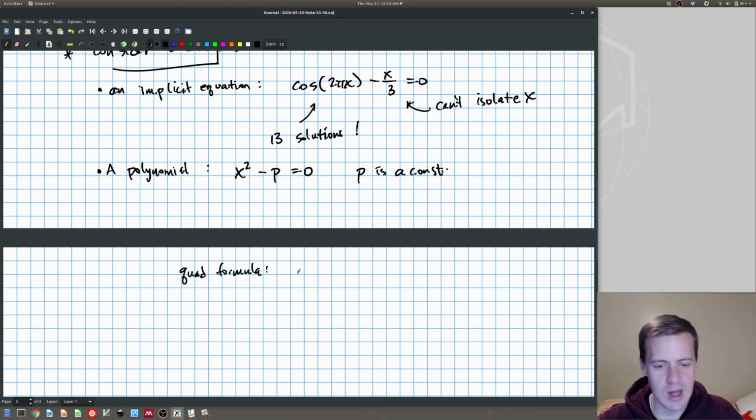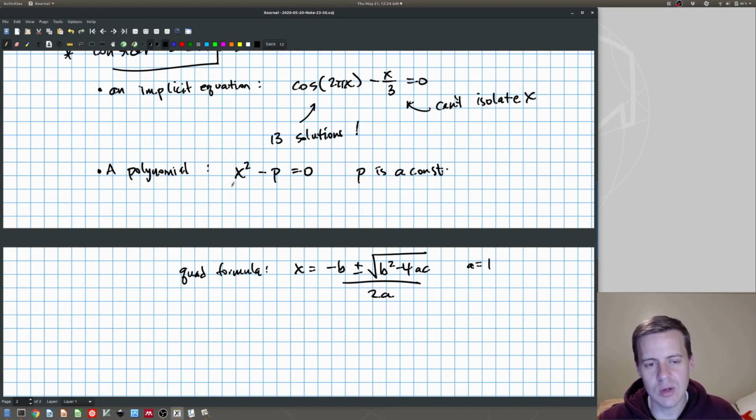In this case, x is equal to minus b plus or minus the square root of b squared minus 4ac, all over 2a. Going through here, a is equal to 1, the coefficient in front of the x squared. b is equal to 0, c is equal to minus p, and you can plug this in. It's actually even easier because we can just solve this one directly. What we're going to get is x equal to plus or minus the square root of p.